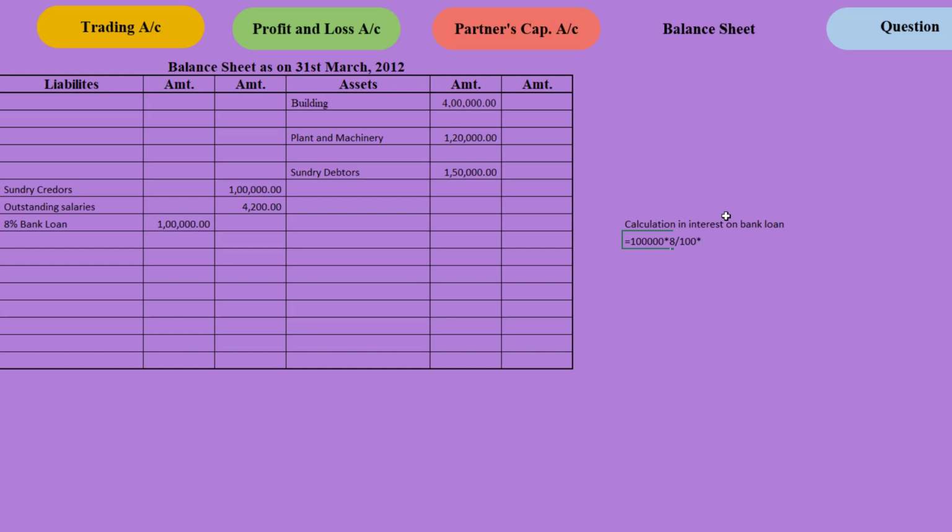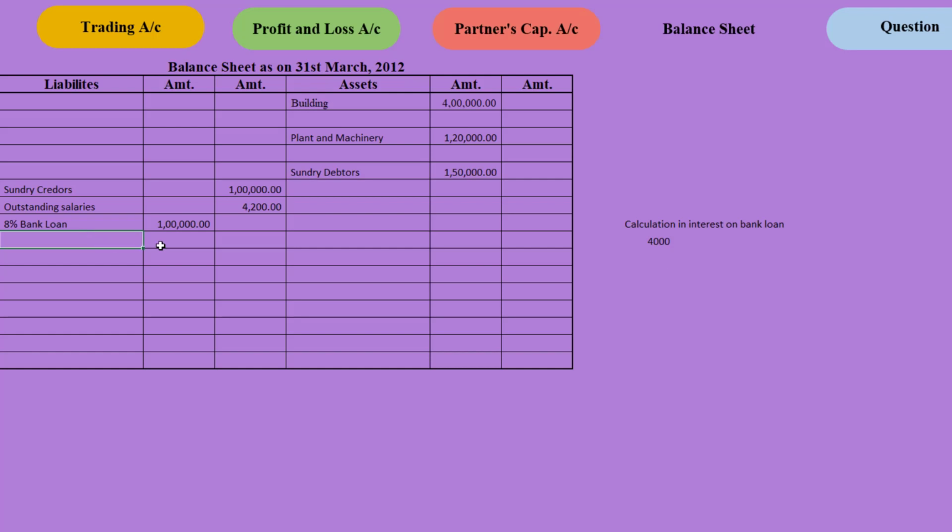So once again into 6 upon 12. Why 6? Because we need interest of 6 months upon 12. Why 12? Because there are 12 months in 1 year. Out of 12 months we need only 6 months. That's why. So we'll get 4,000. 4,000 is the interest.